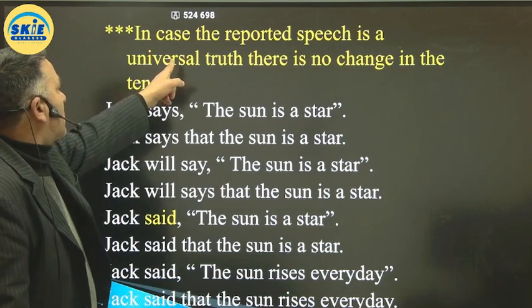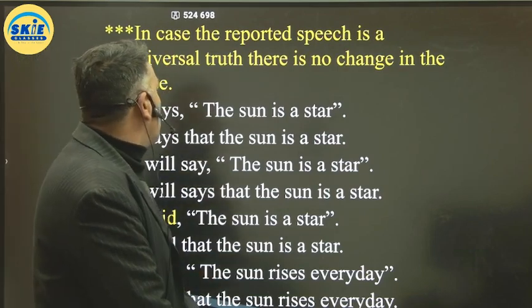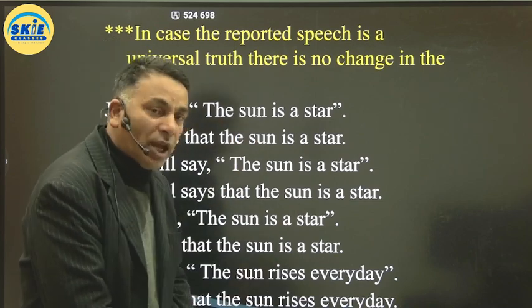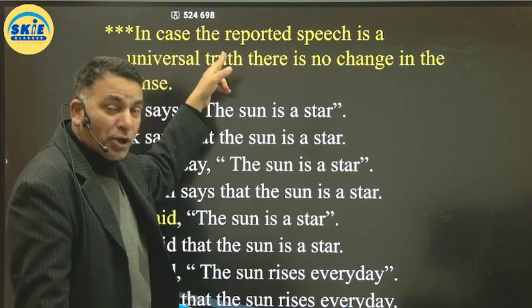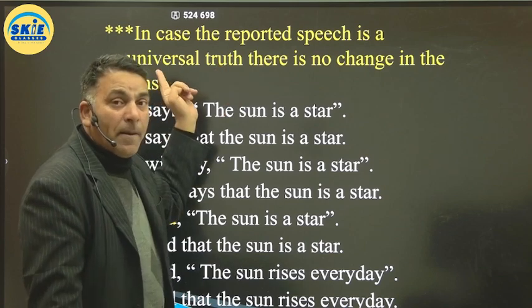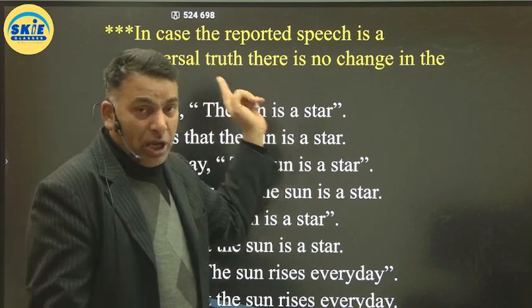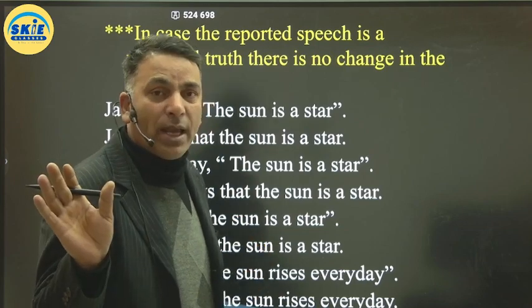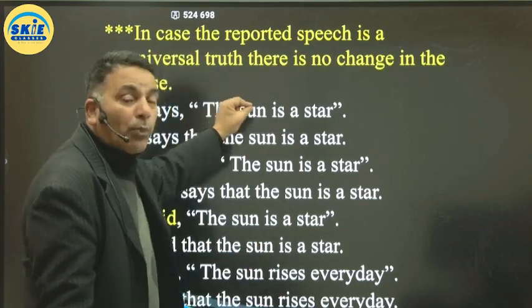In case the reported speech is a universal truth, there is no change in the tense. One more point to it. First we said that in case the reporting verb is present or future, there is no change. But this is one more point that you have to add.